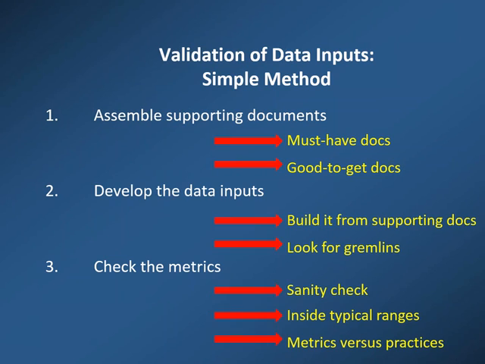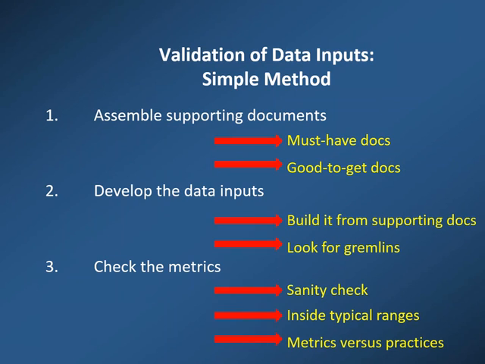If you don't have that backup information, it's incredibly difficult to assess how reliable the final number is. And so that's why we always start with getting good supporting documents. Then developing those data inputs from that supporting documentation. As we're developing it, we're looking for those gremlins, and I'll tease out those gremlins in just a moment.